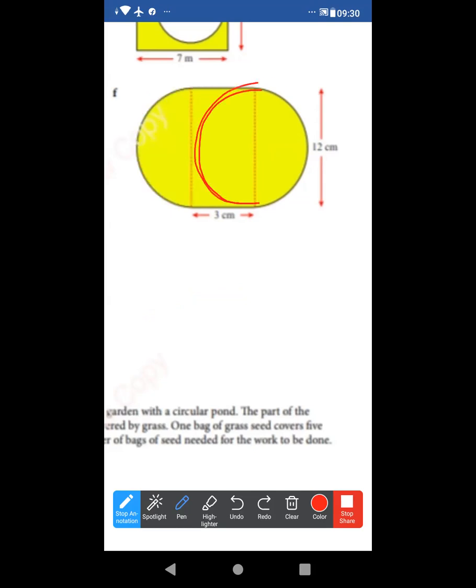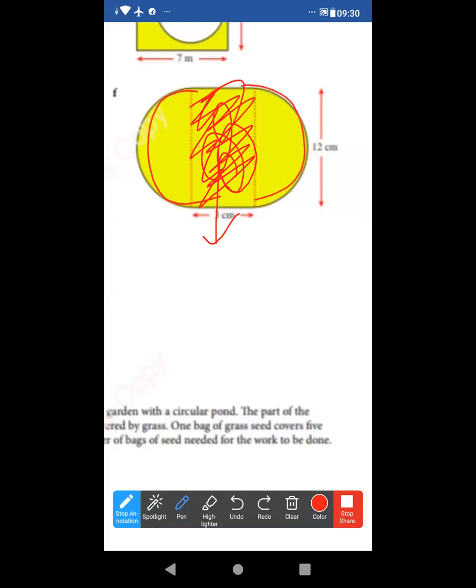Now just remove this rectangular part. If we cut this part and join this one and this one, then it will form one full circle. Yes or no?